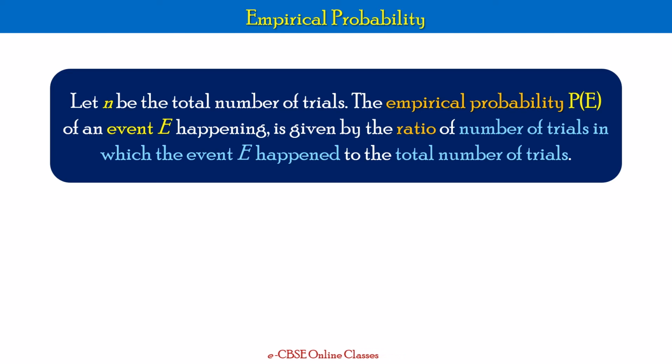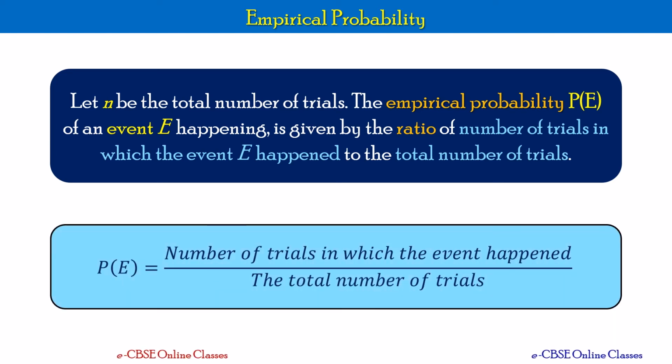This is what we have been calculating in the previous two experiments. So formally the equation goes like this: P of E is equal to the number of trials in which the event E has happened divided by the total number of trials that have been conducted. This is the definition of empirical probability that we have built.